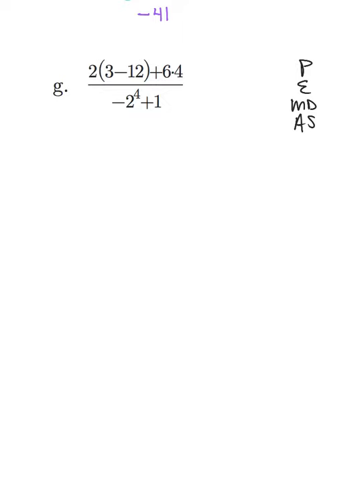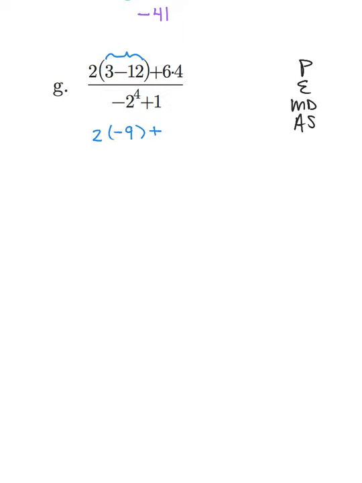So what I want to do is look at the numerator first. What's the first thing we need to do in the numerator? Well, the first thing is the parentheses. So I want to combine 3 and negative 12. And if we do that, we get 2 times negative 9 plus, can I multiply 6 times 4 right now?